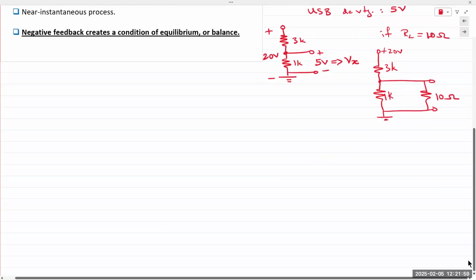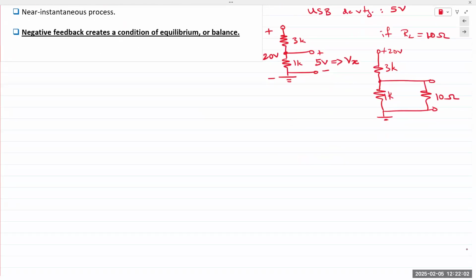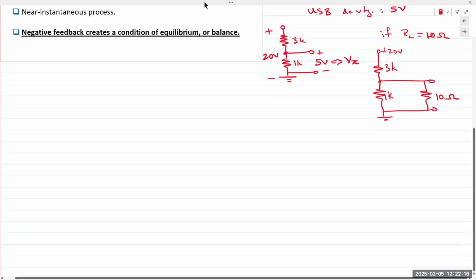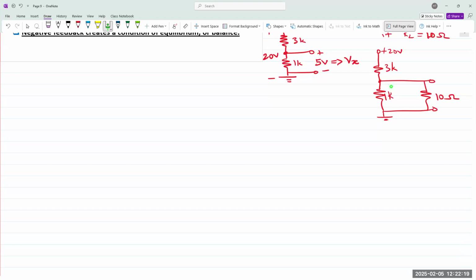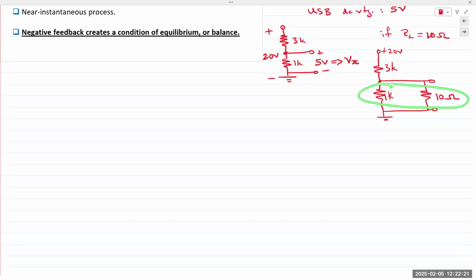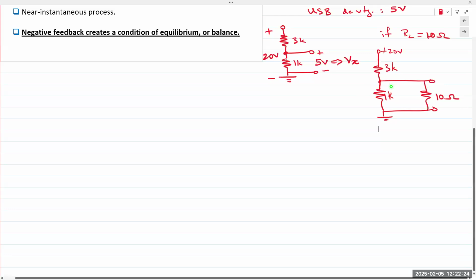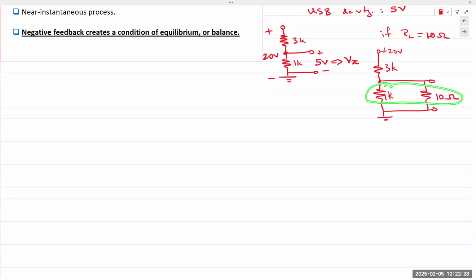Let's scroll down. So what happens when you connect a very low resistor value as load to your USB port? Exactly. It takes all the current through there because it's the path of least resistance. In terms of voltage, this voltage right here is going to change because the parallel combination of 1K and 10 ohms would mean an equivalent resistance of less than 10.